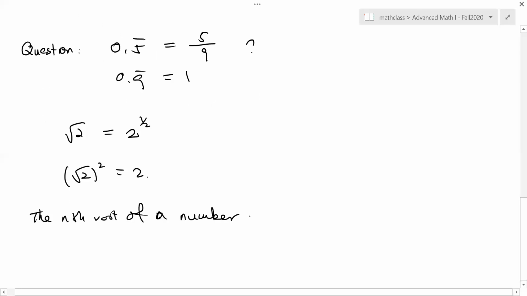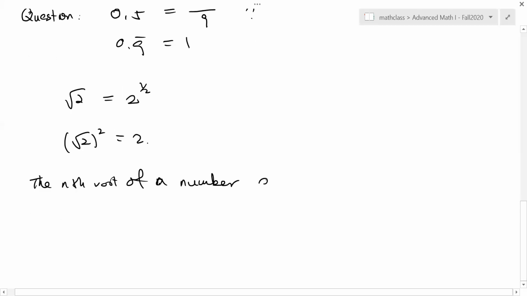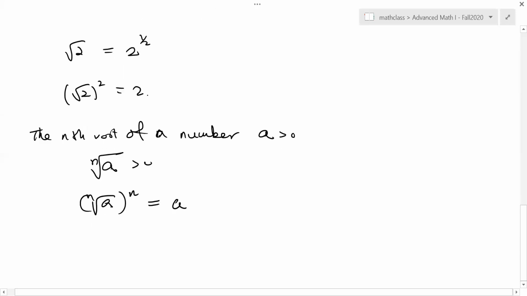The nth root of a positive number is defined to be the number, denoted by this, such that its nth power equals the number. There's only one number with this property.